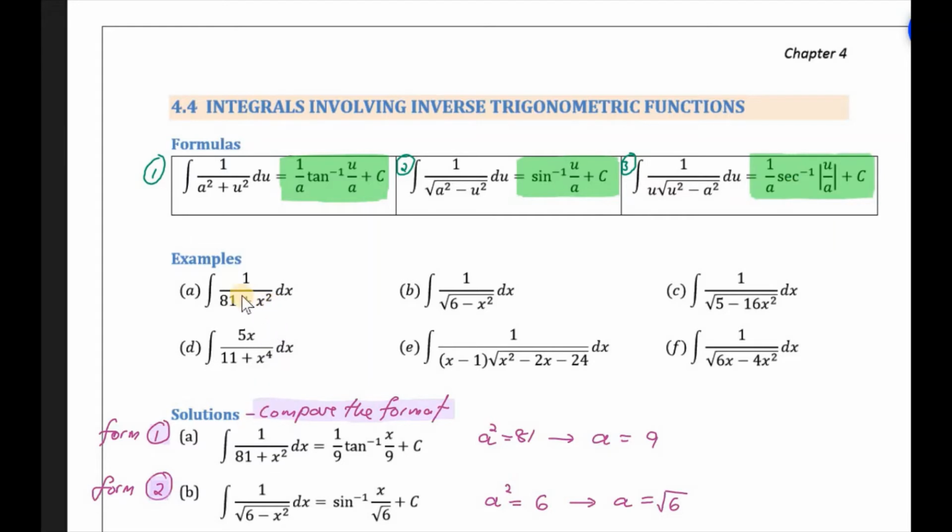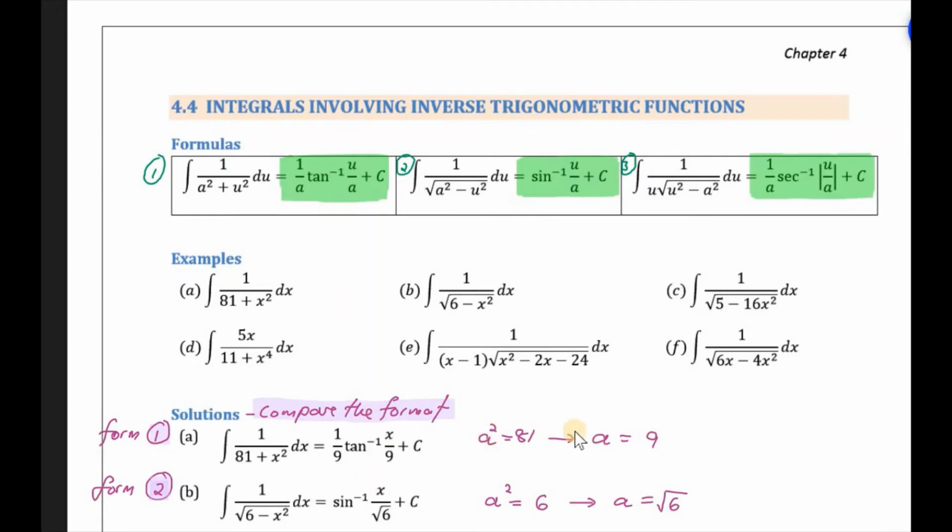To see how we solve it, we need to compare to the solution given. Like this one, part A, compared to the formats given, it looks like form number 1, where a squared is 81. Hence a is the radical of 81, which is 9.